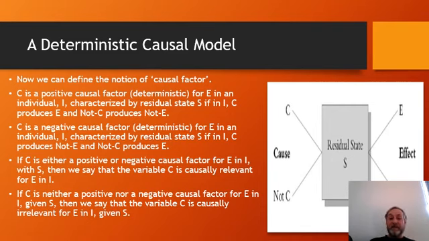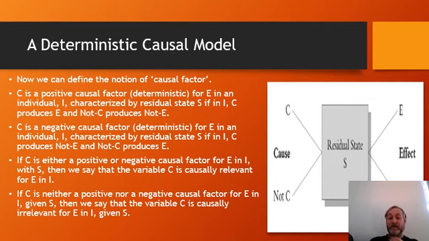Now, if it's neither, right? Sorry, I should be more precise there. If having the cause is neither positive nor negative, it doesn't reliably either cause or not cause the effect, then we can say it's causally irrelevant.